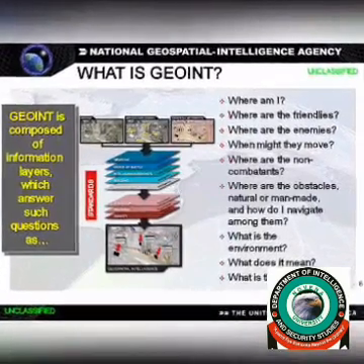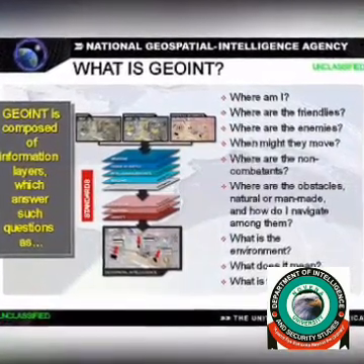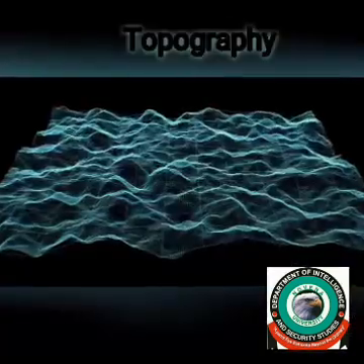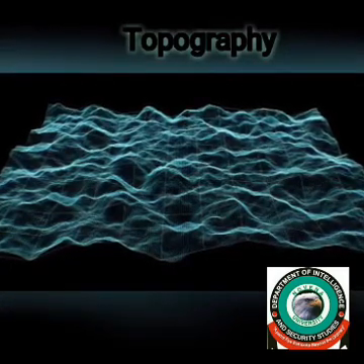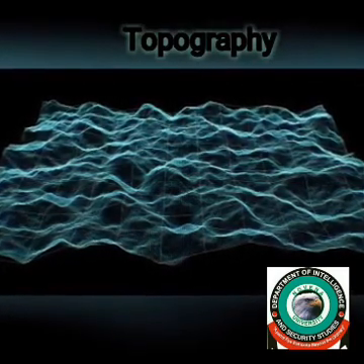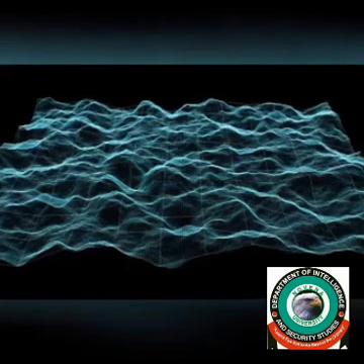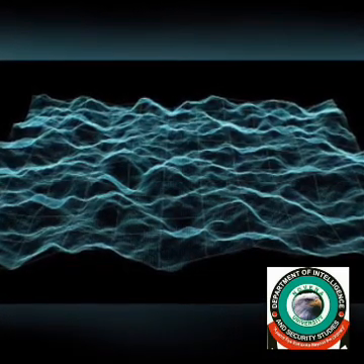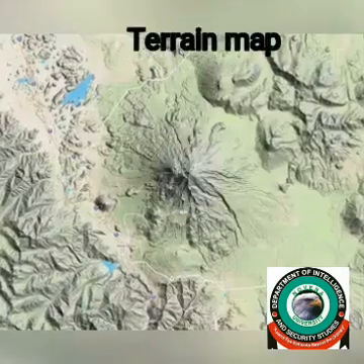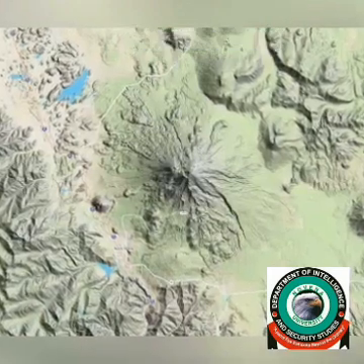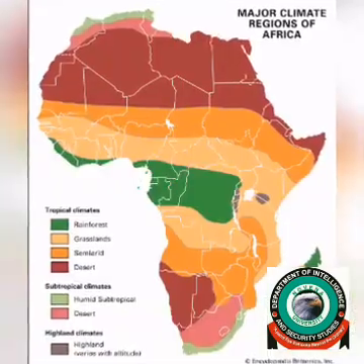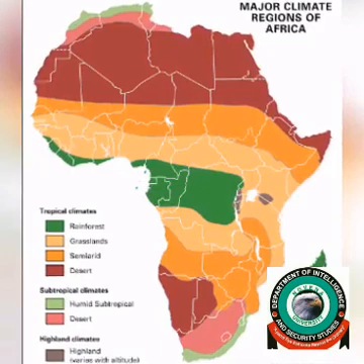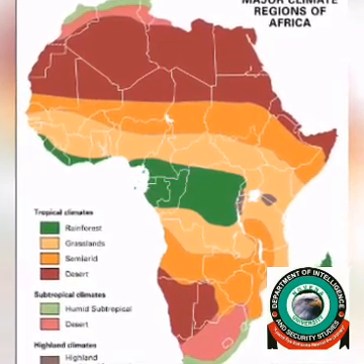Geoint, geospatial intelligence. The word geo from geography and spatial, space. So every kind of information you gather about the surface of the earth, the geography, be it the topography, the terrain, the weather, the climate, everything you gather about geography, be it distance, it's all geospatial intelligence.